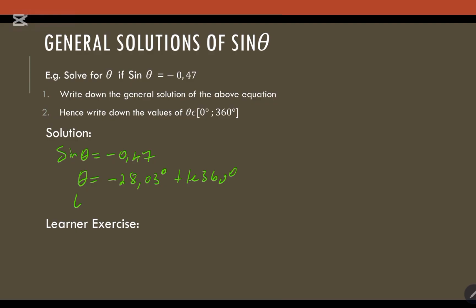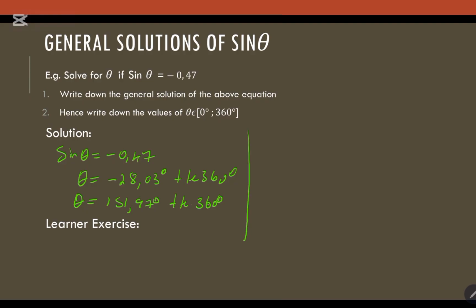And you also have theta equals 180 minus that, which is 151.97 degrees plus K times 360 degrees. Right.